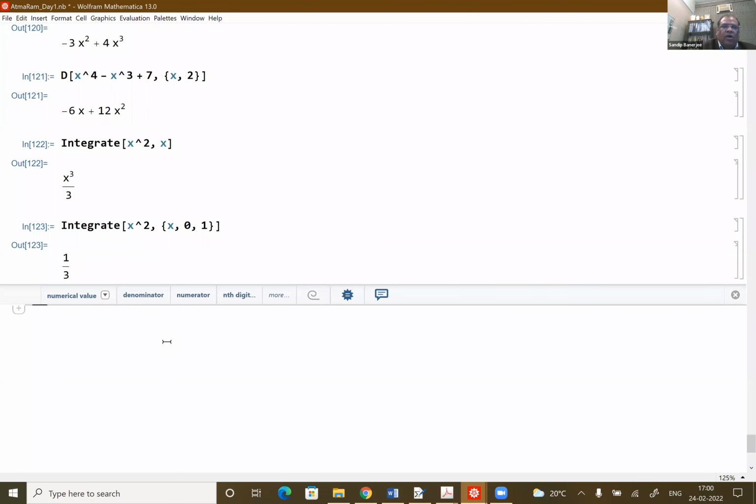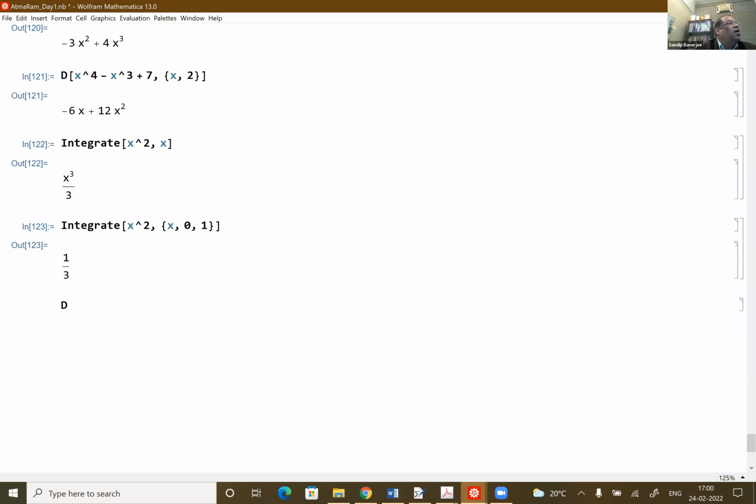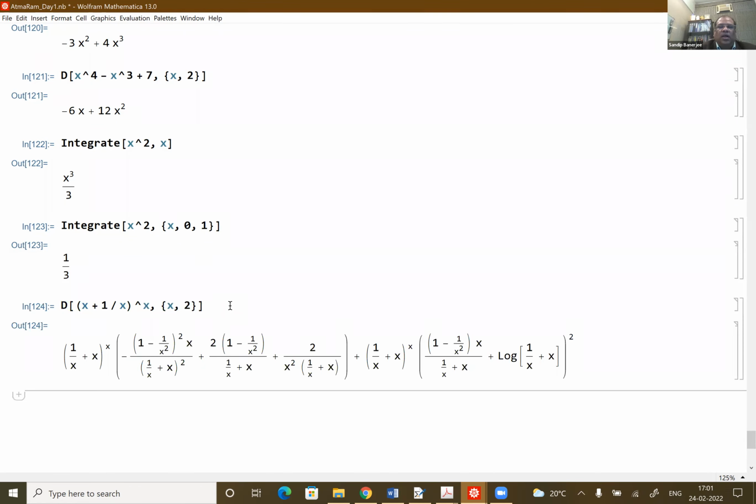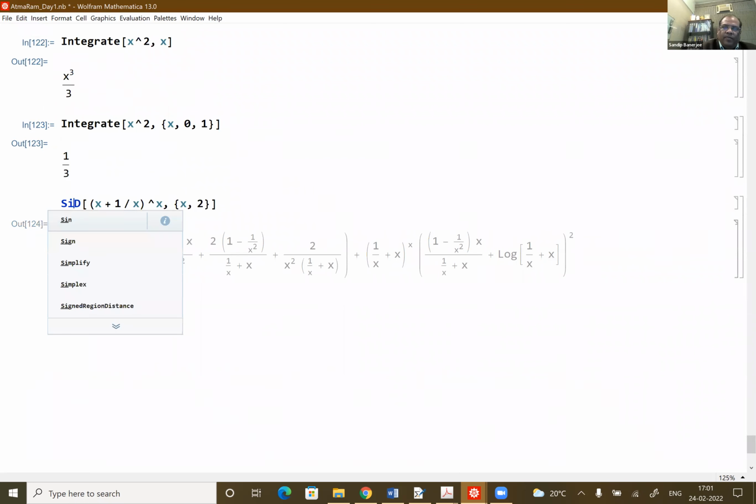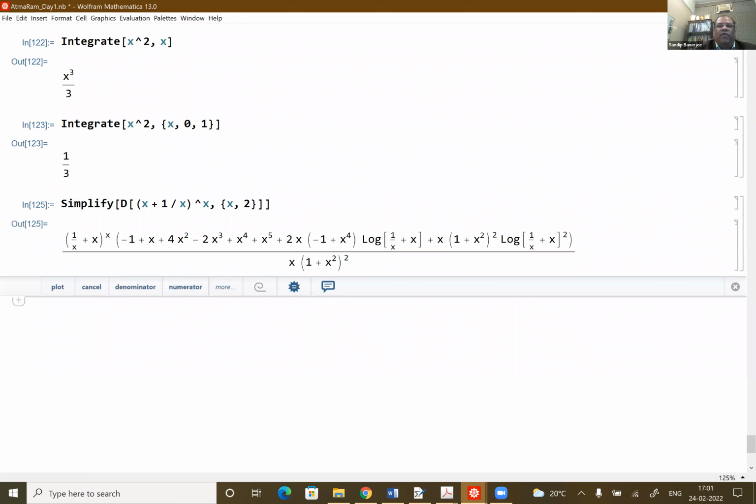For example, if I take a complicated one, D of something like (x plus 1 by x) whole to the power x, and I want it to differentiate 2 times. So if you just want the answer, in a click of a button, you get the answer. If you want to simplify, put it in a square bracket, and it gives you a simplified form.